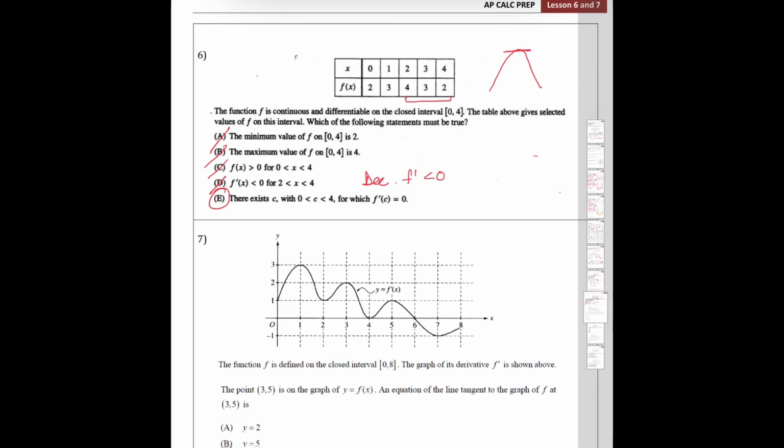So you can argue that, wait a minute, we just said from 2 to 4 it is not decreasing. We do have one critical value. So that could be the case. So maybe it's decreasing and then it's increasing. So then we end up having even more than one place where my first derivative is going to be 0. So it is choice E.